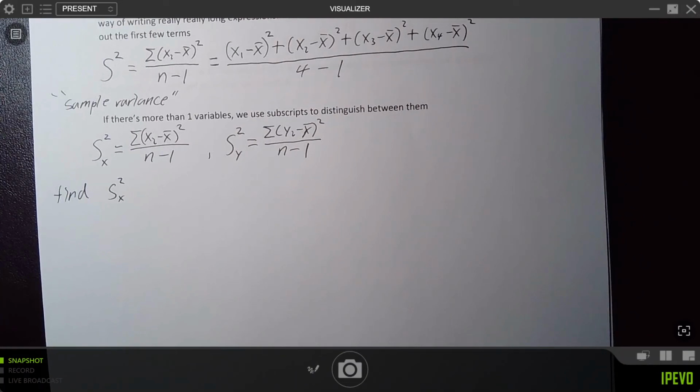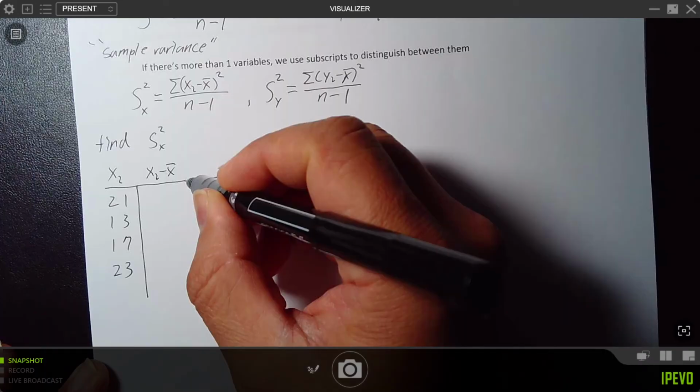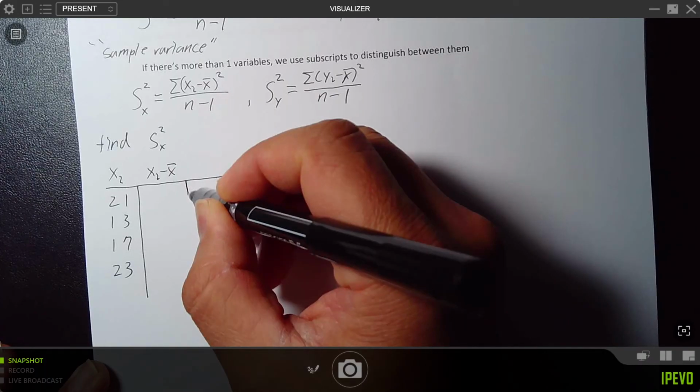First I have a column for xi. That means I'm going to write down all the values of the variable, so look above at the data set. Next, my second column will be xi minus x bar. I'm going to subtract x bar, the average, from each of these.